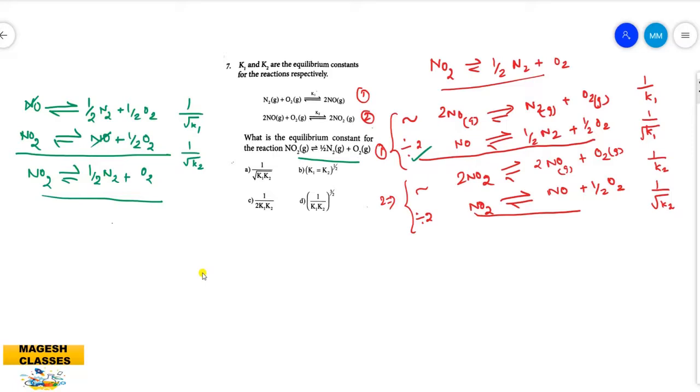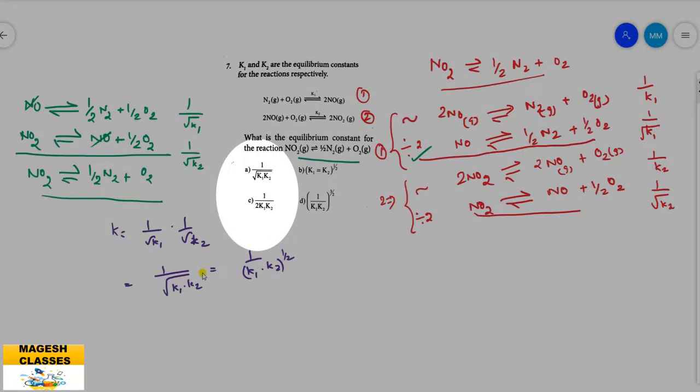So the resulting K is equal to 1 by root of K1 into 1 by root of K2. This is equal to 1 by root of K1 into K2. So this is your answer, A.